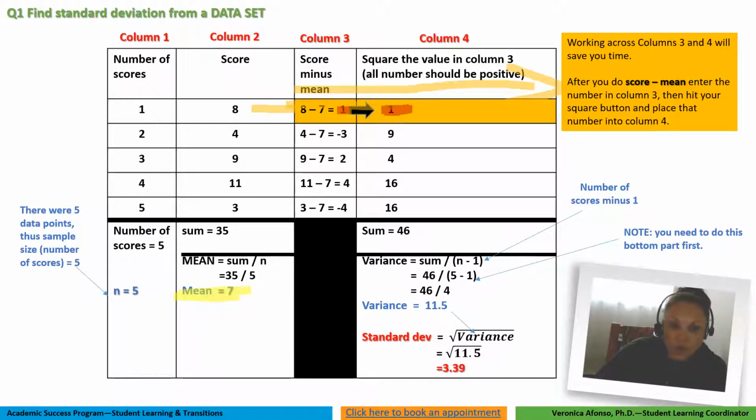Then you go to the next one, 4 minus 7 equals negative 3, enter it here, and then hit your x squared, it should be 9. So this example is really easy, but on the real question, you have numbers that are like 54,194. You don't want to keep entering it into your calculator. You're likely to make a mistake, and it takes time. So work across, it'll be faster.